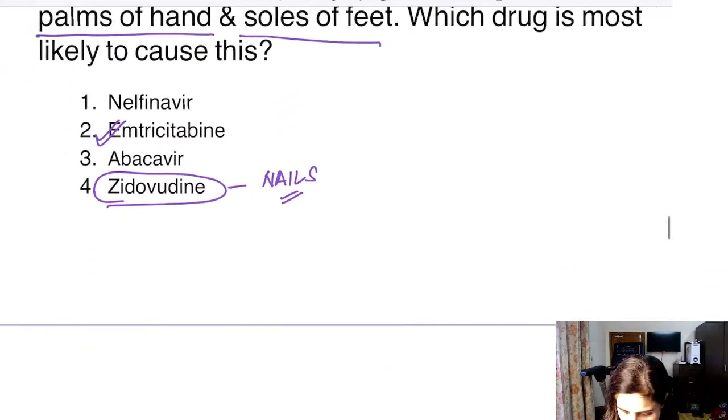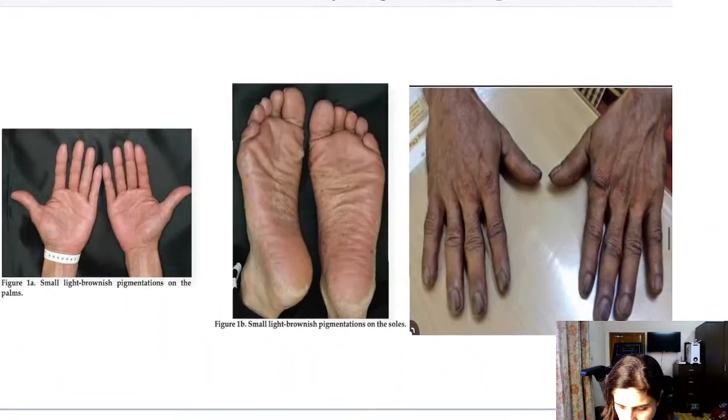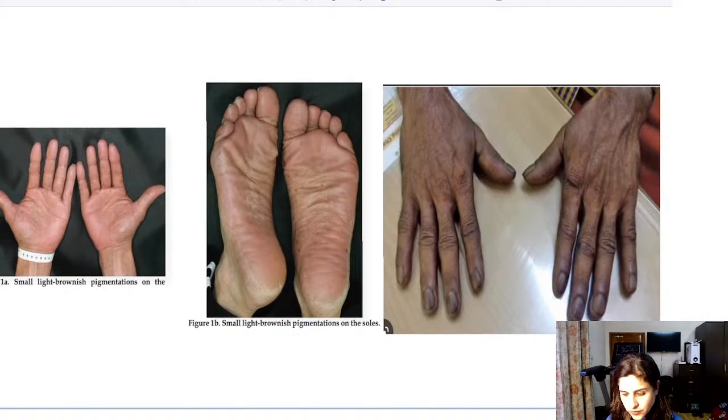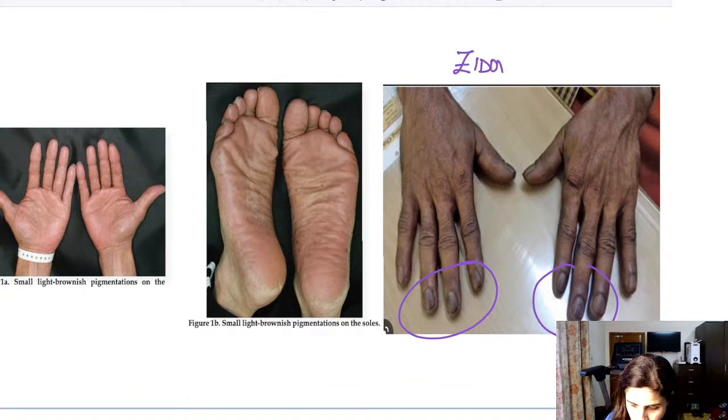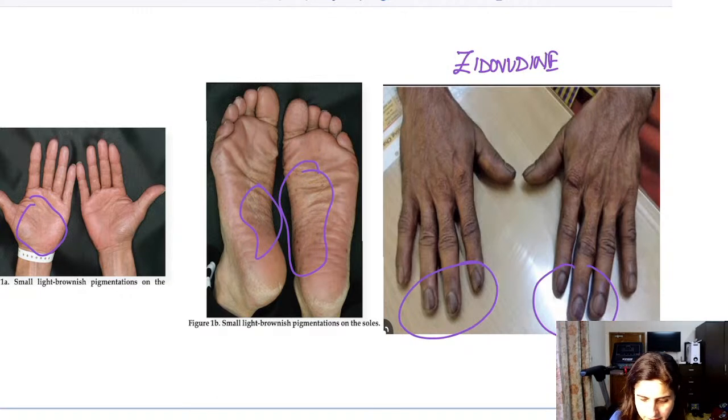ठीक है, so ये है. अगर picture form में question आता है, in case they give you a picture and they show you these pigmented nails, and the options of the drugs are given here, so here आप zidovudine लिख सकते हो. ठीक है, and here there is pigmentation. ये brown spots से हैं pigmented, यहाँ पे भी pigmented lesions हैं, and this is because of the emtricitabine. ठीक है, ये if it is in the form of pictures.